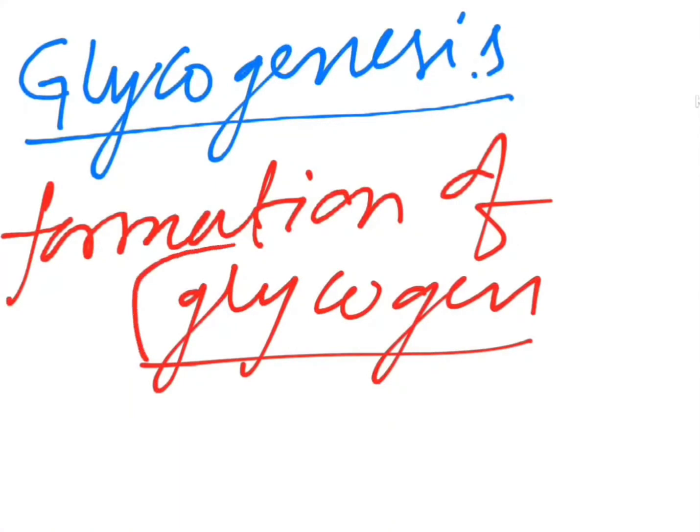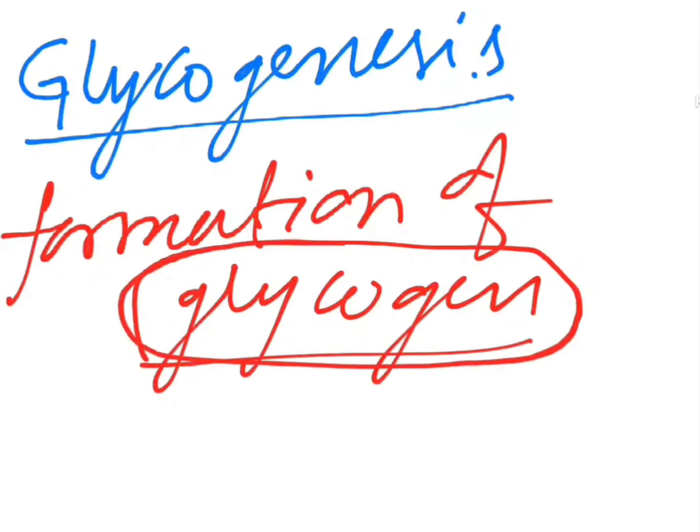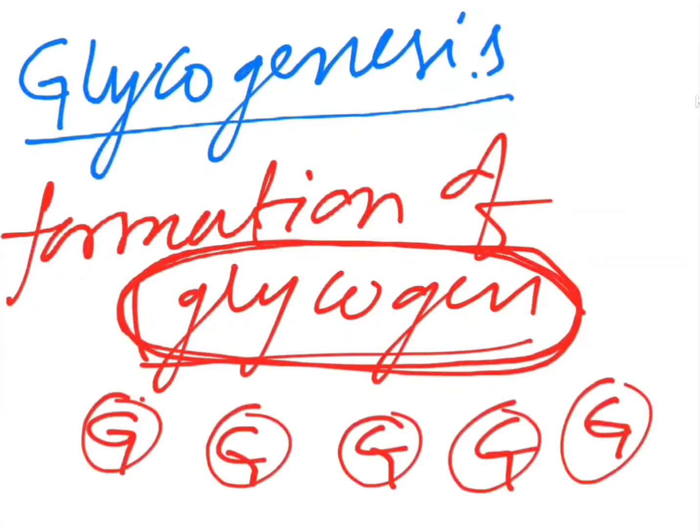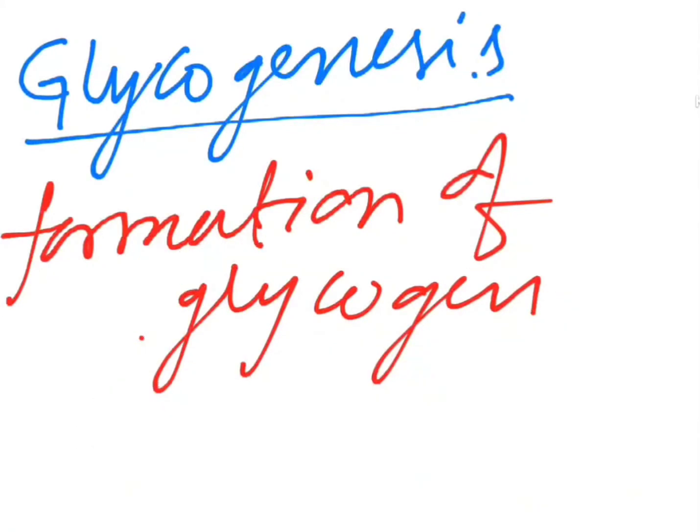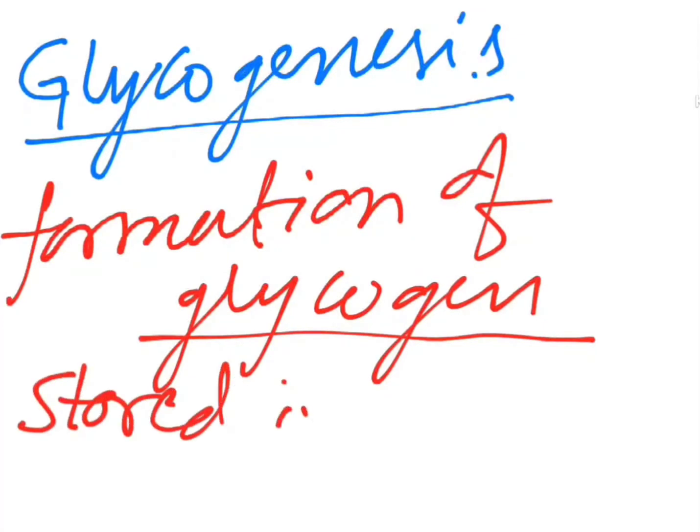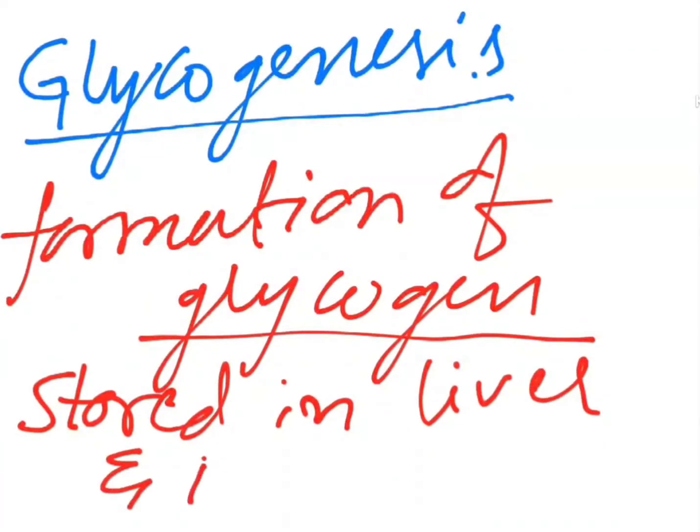Glycogen is nothing but a primary carbohydrate which is made up of a group of glucose molecules. A large number of glucose molecules together form glycogen, and this glycogen is stored in the liver and muscles.